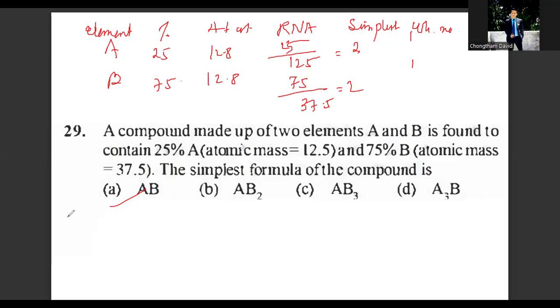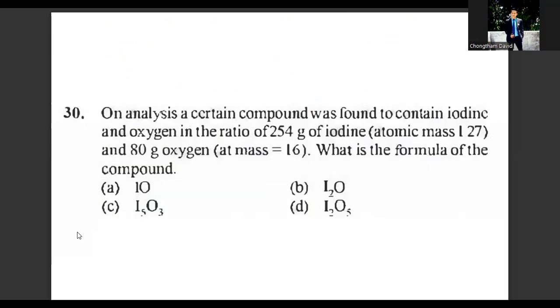Moving on to the next question, number 30. On analysis, a certain compound was found to contain iodine and oxygen in the ratio 254 gram of iodine to 80 gram of oxygen. What is the formula of the compound? So the moles of iodine present can be found out from this relation. You know already the atomic mass is 127. So the moles of iodine is equal to 254 by 127.